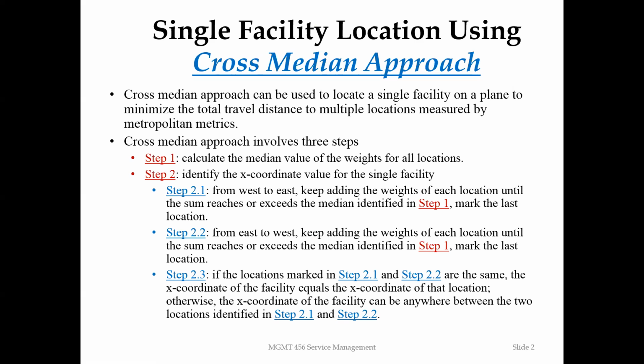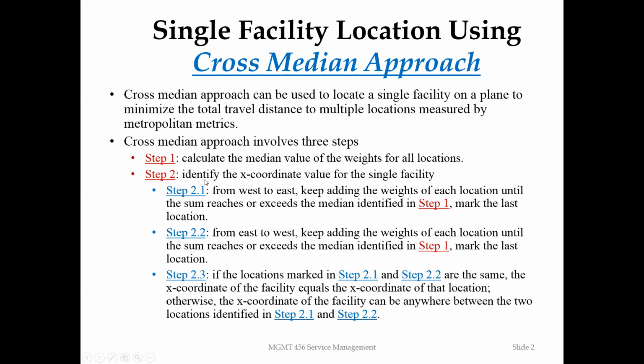In most cases, we can view weights as customer population. If one particular city or community has more population, that means we have to give it more weight. You have to consider this a more important location. So this is the first step, calculating the median value. When we go to the example, we'll talk about how to calculate the median value for all the weights.